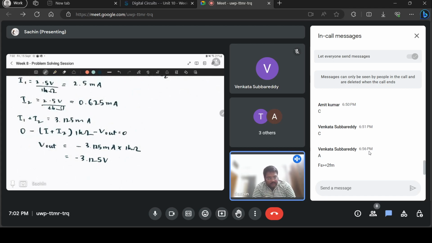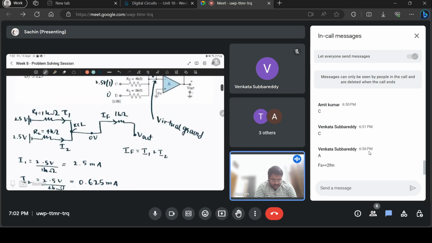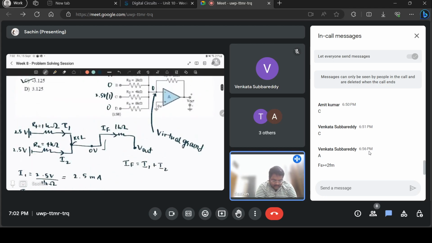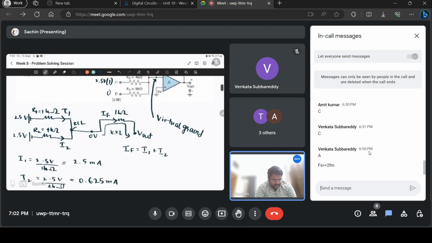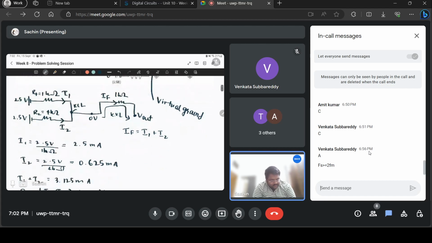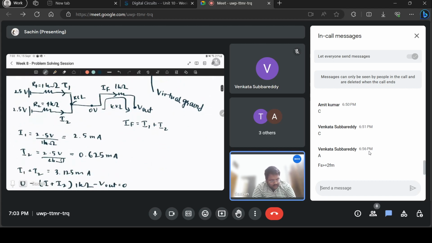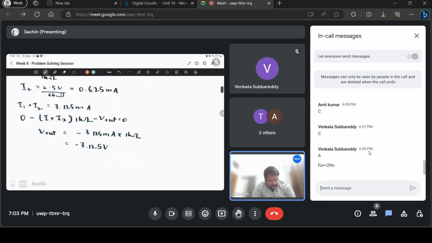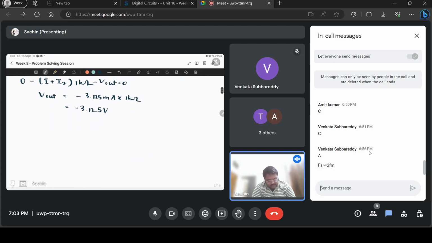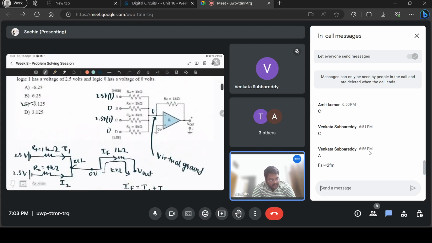So 3.125 milliamperes is flowing through the feedback resistor. Now you can apply KVL for this part. You get 0 minus the voltage drop across 1 kilo ohm resistor, which is nothing but IF into 1 kilo ohm, minus V out is equal to 0. So V out is equal to minus 3.125 into 1 kilo ohm, which is nothing but minus 3.125 volts.